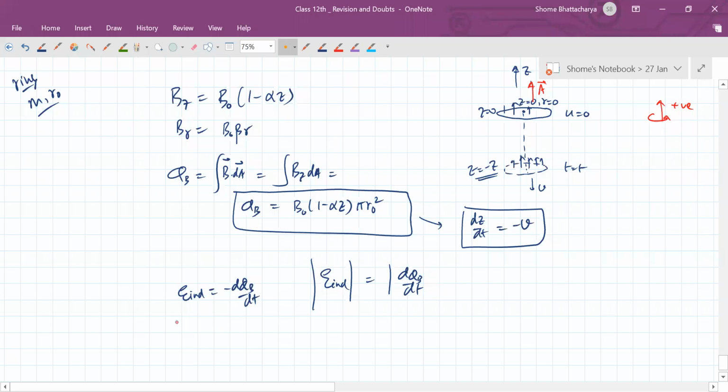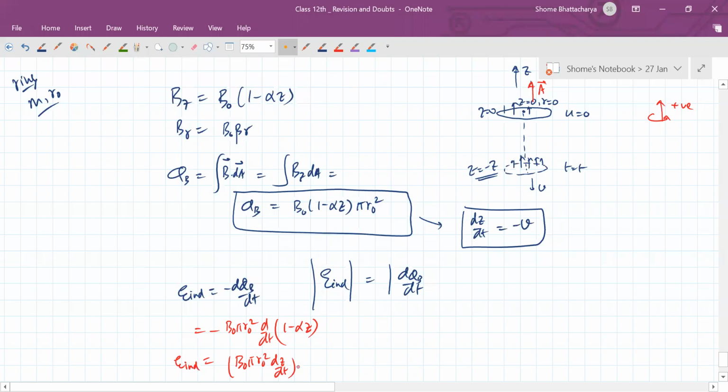Okay. So this will become minus of B naught pi R naught square into differentiation of 1 minus alpha z, so B naught pi R naught square dz by dt. That should be E induced.